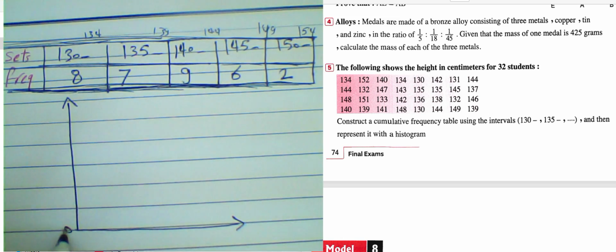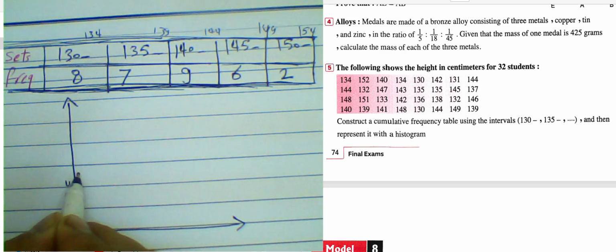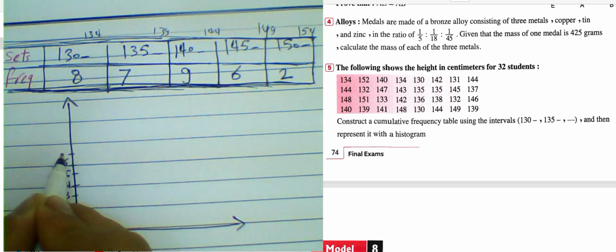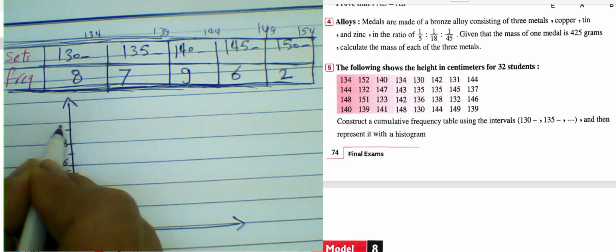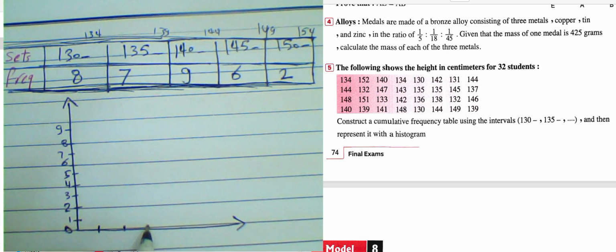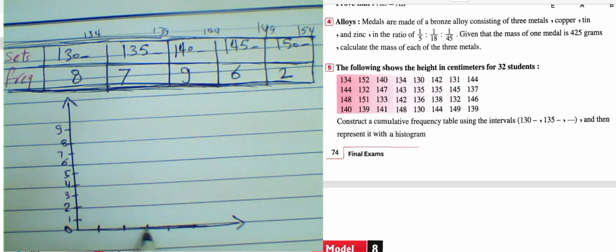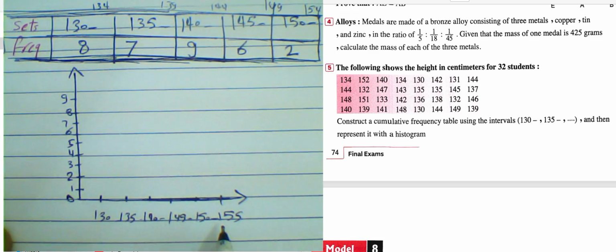Here, first 0, 1, 2, 3, 4, 5, 6, 7, 8, and 9. We have all the information here about the first interval and second interval and third interval and fifth interval to 155. Okay, the end of the interval is 155.